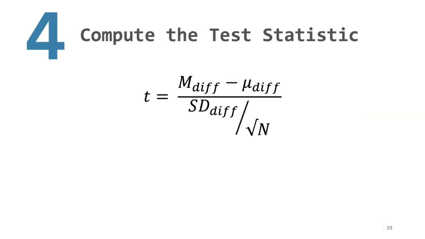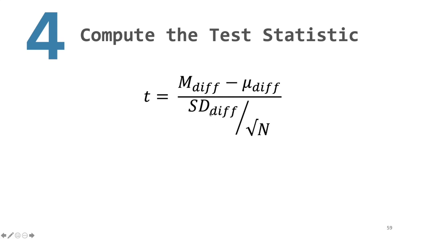Now we can compute the test statistic. For this one, again, everything relies on that difference score, so we're using the mean of the difference score, the hypothesized mean of the difference score, the null hypothesized mean. So what do we think the population mean differences are?